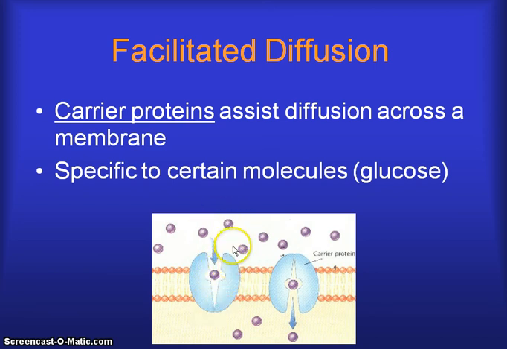So they can open up. The molecule that needs to be diffused can go into that cell membrane protein, and the protein can seal off to the outside and then reopen on the inside of the cell to release that molecule. Some of those proteins are specific to certain molecules, such as glucose, and then others can move multiple types of molecules across that cell membrane.